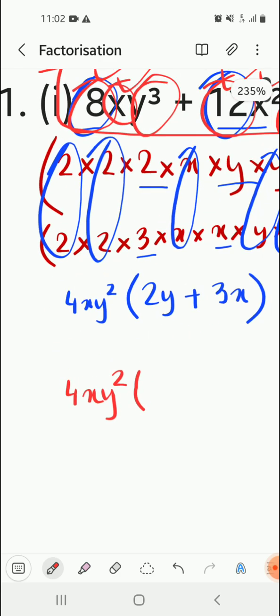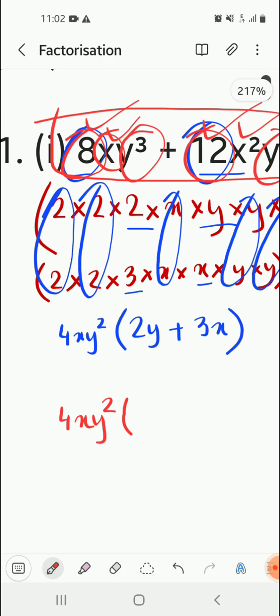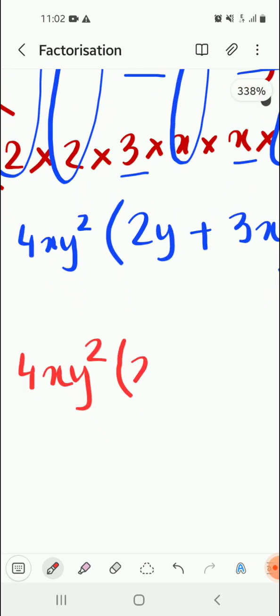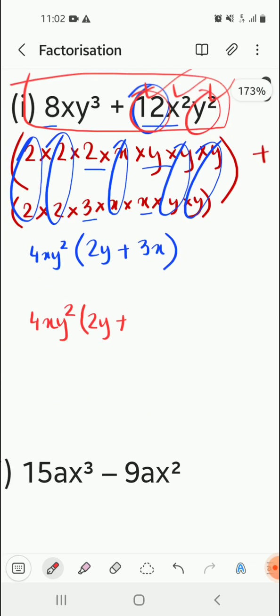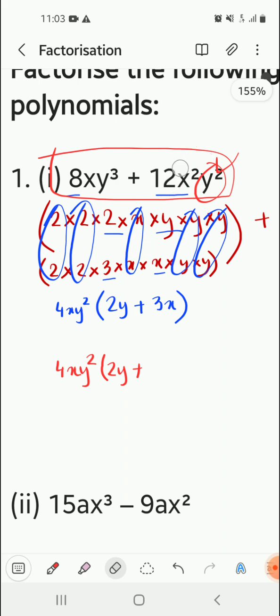After that, we are going to write the uncommon factors. We already have got 4xy square here and here it is given 8xy cube. So in this case, what we need to do is simply write down whatever we are left with. That is, we are left with 2 and we are left with another y, plus. For the next expression that we have, we had already written 4 over here.